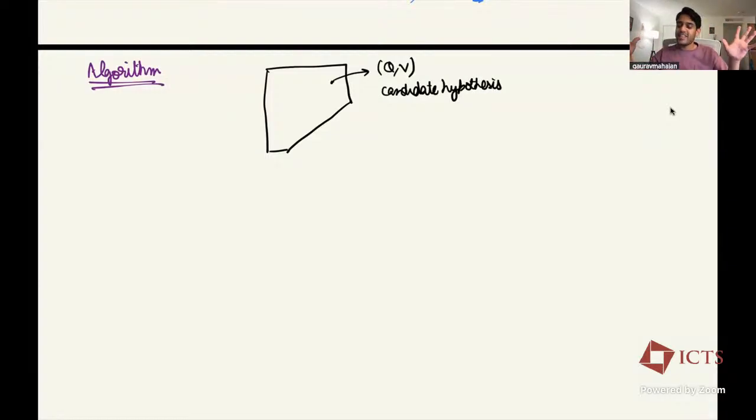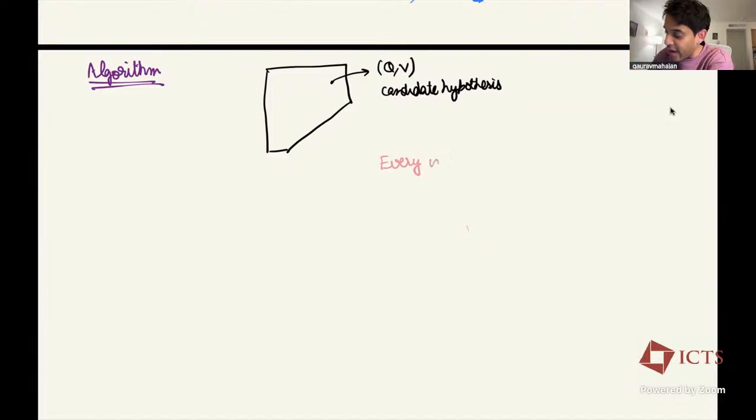So you have this set of hypotheses, and what you're trying to do is figure out which one is Q star, V star.